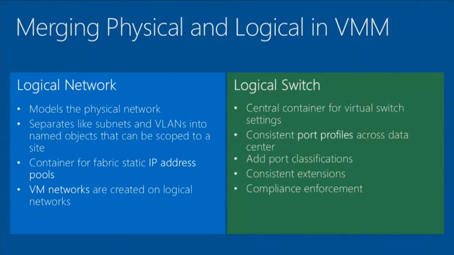I'm going to have a logical network typically for my data center, for my back-end networks like clustering, live migration, storage, host management. I'll likely also have a logical network or a provider network, we call it, a network that provides access to my tenants, to my business units that are sharing this common fabric.